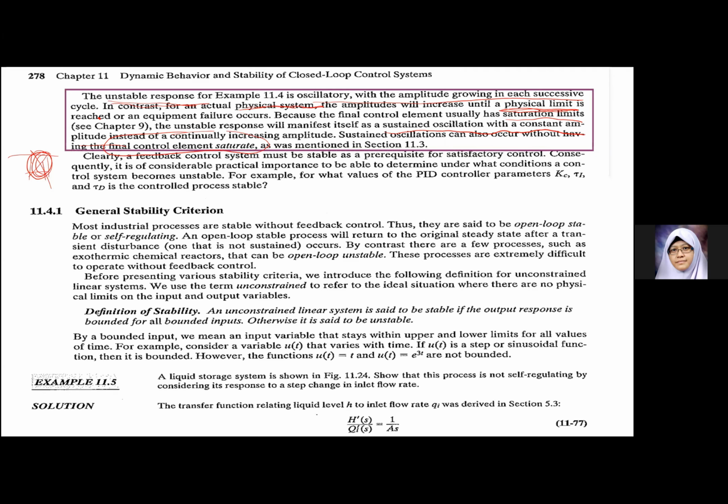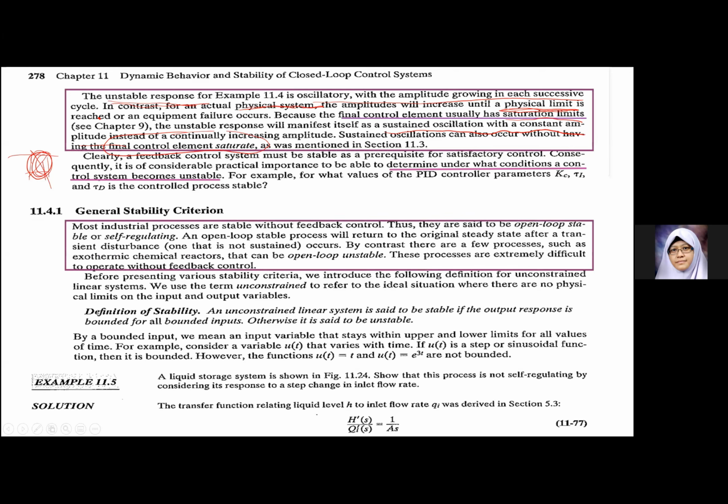If you're able to estimate using a calculation like this, then it will be very useful, especially when you have to do the tuning. So I'm sure all of you have read this, the general stability criterion. Okay, so we have said that.